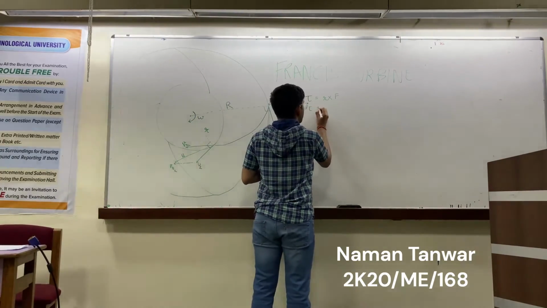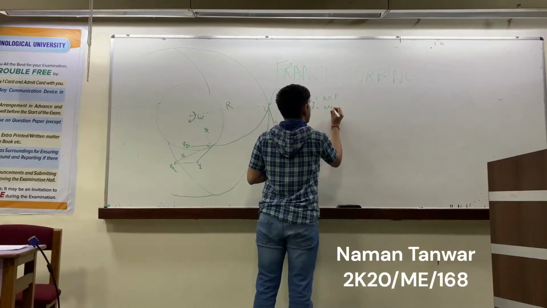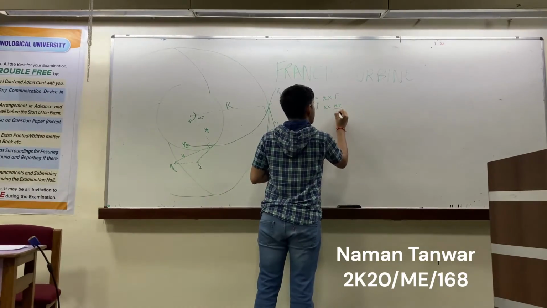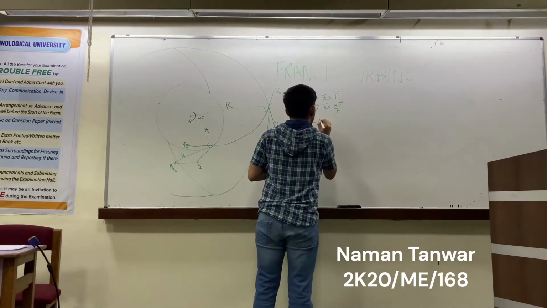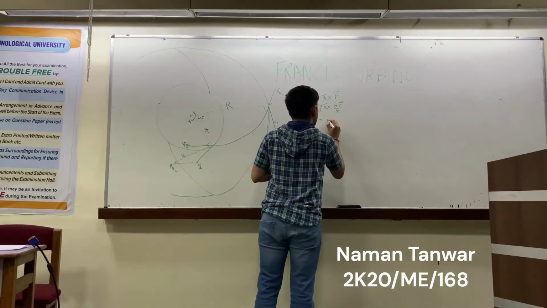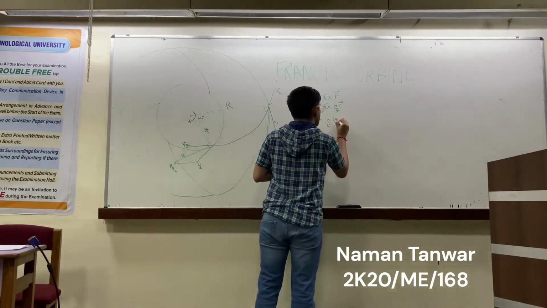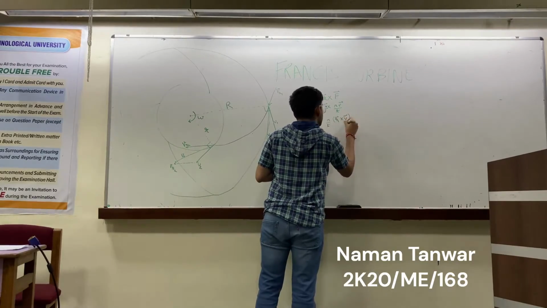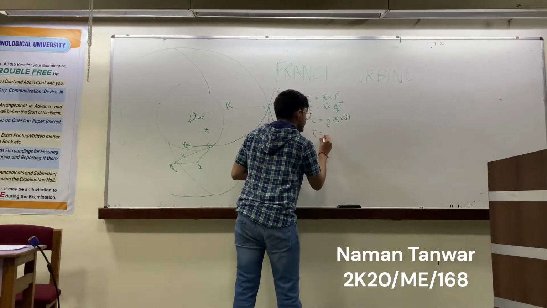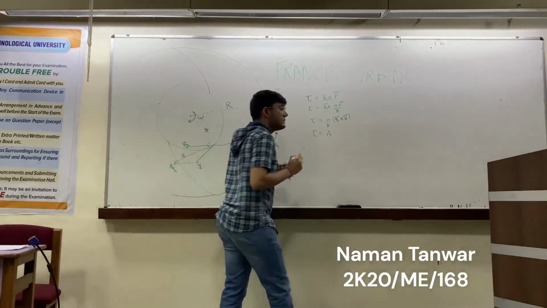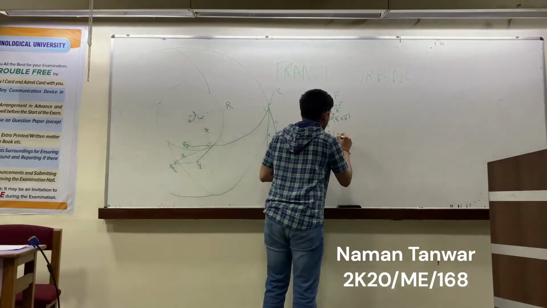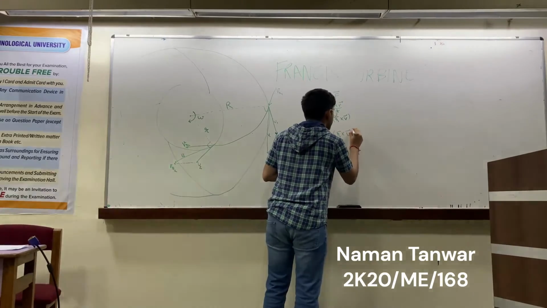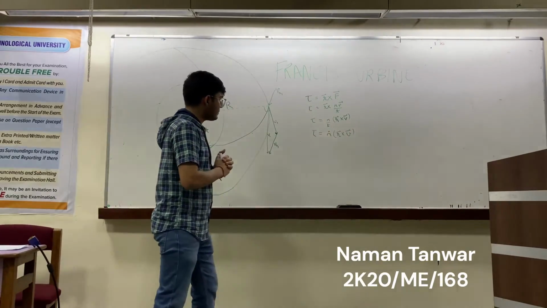So the torque will be rewritten as r cross momentum upon time, which can also be rewritten as m by t, r cross v. This can be rewritten as m dot, which is nothing but mass flow rate. So we will be left with this expression.